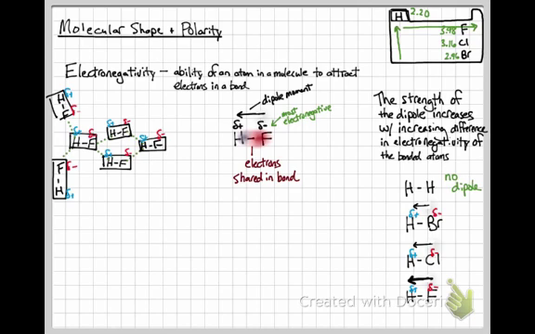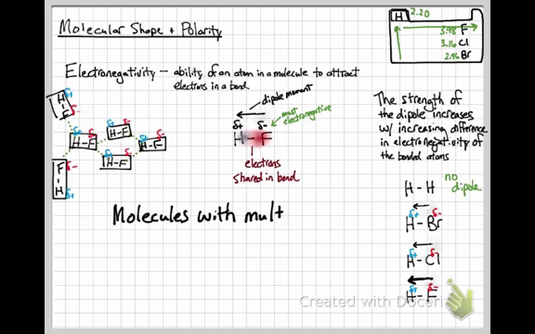So you can think of it as, in this case, no dipole moment, no magnet, then a weak magnet, a slightly stronger magnet, and the strongest magnet in terms of the strength of the dipole moment.